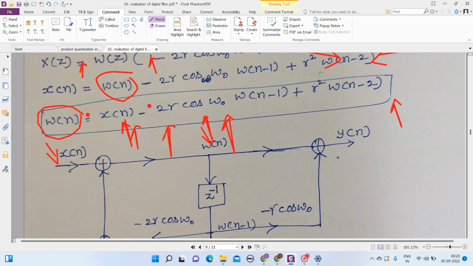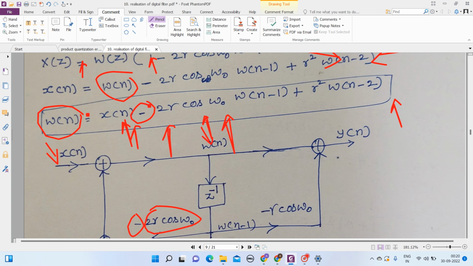We are adding this to this element. Why we are not performing subtraction is because we have only adder elements. So that's why we are taking this minus symbol with the value itself.